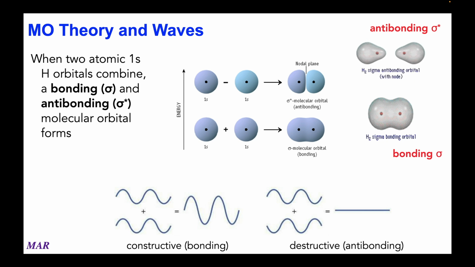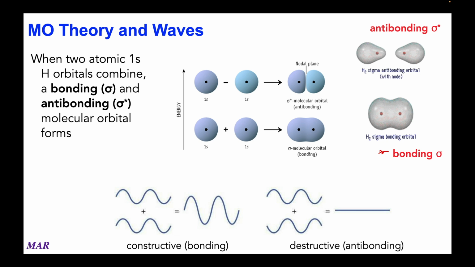When you combine atomic orbitals together, you have 2 possibilities. One of them makes the molecule stronger, and those are referred to as bonding orbitals. So in that lower video right there, that showed when the 2 1s orbitals came together to make a strong bond, and that's a bonding orbital.